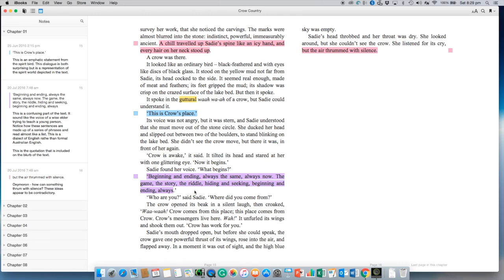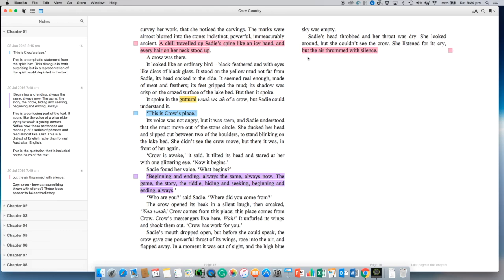This dialogue captures another dialect of English, other than formal Australian English. That'll be revealed later in the text, of course, but really good use of dialogue to capture the different ways of not only speaking, but the values and attitudes associated with that character are really well presented there.